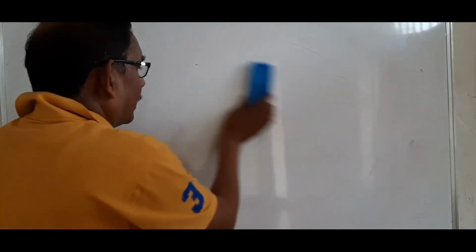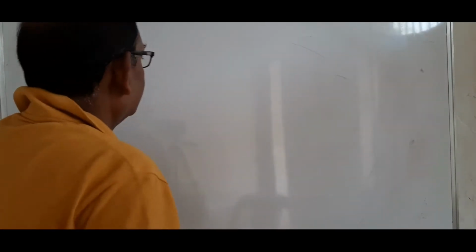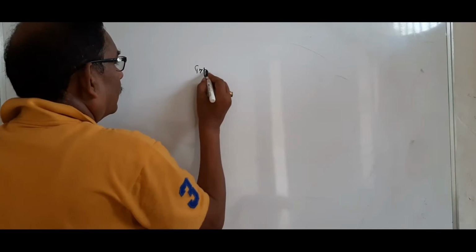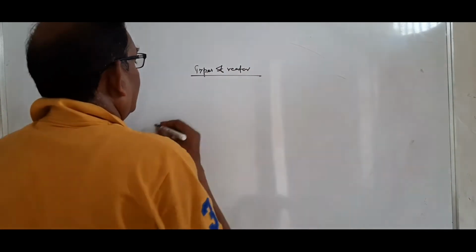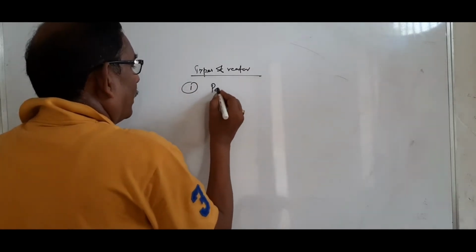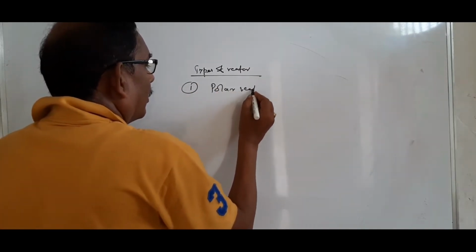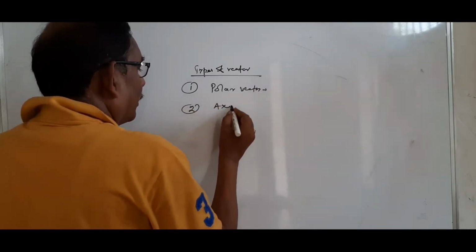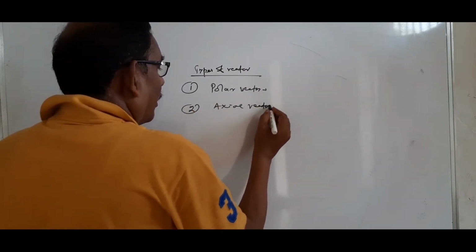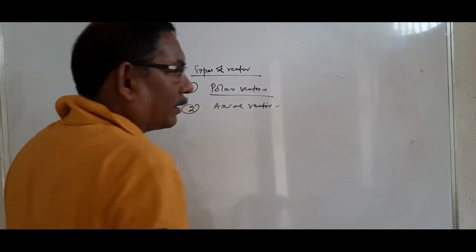Now the types of vector. First one is your polar vector. Second one is your axial vector. So what is a polar vector?